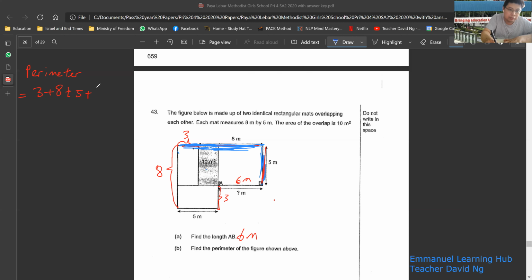Then after that, plus 6, then plus 5 again. You forgot this bottom 3. Then 5. Then plus 5 again. Then after that, all together, plus how many?